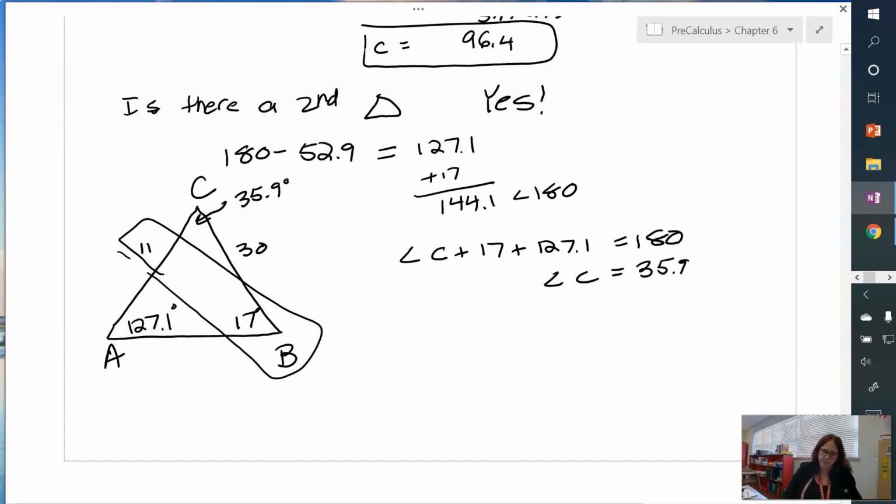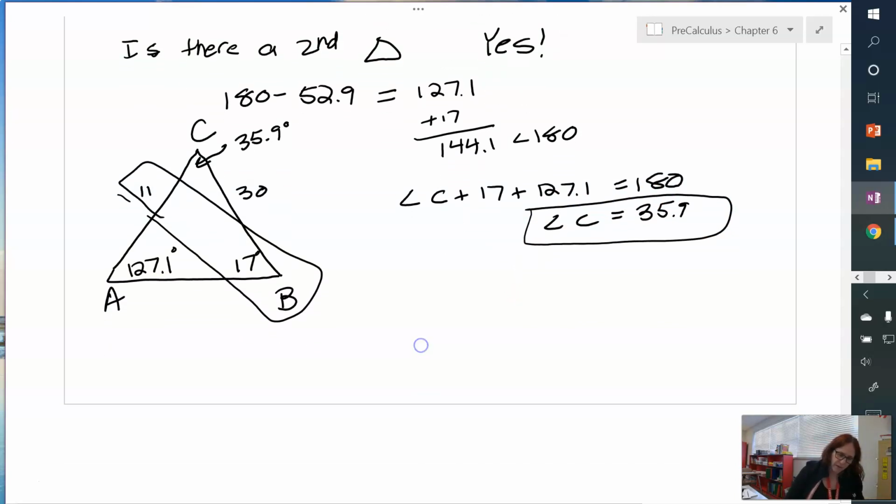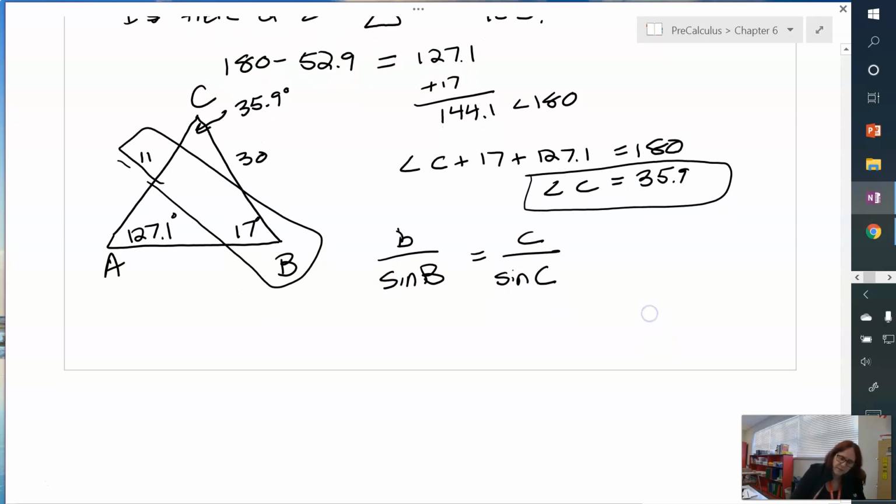Let's figure out little c. So here's my answer for here. Little c is a length, so I'm going to put the lengths in the numerator. So b over sine of B equals c over sine of C. Plug in.